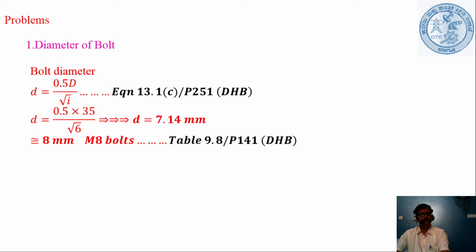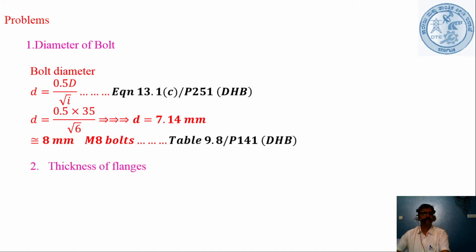Substituting the shaft diameter and the number of bolts, we get 7.14 millimeter nominal diameter. Approximately take 8 millimeter, that is, use M8 bolts. We take the standard diameter from table 9.8, page number 141 of the data handbook.